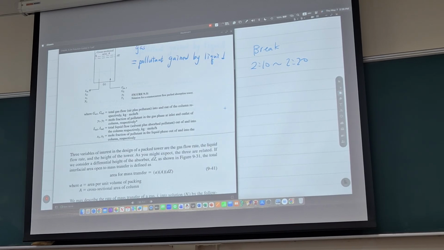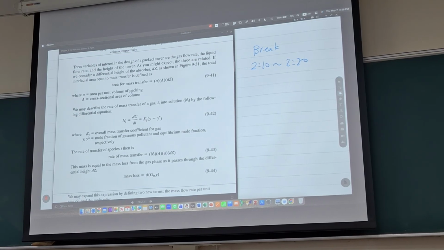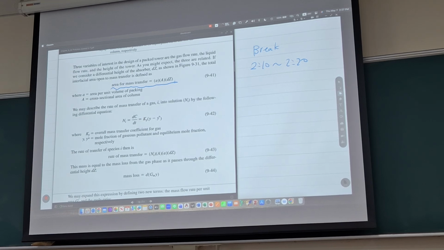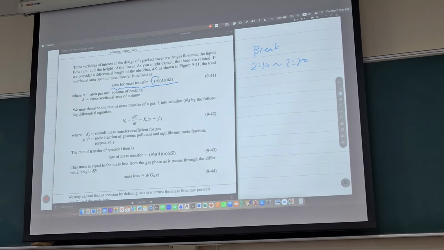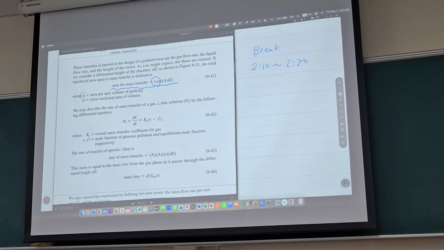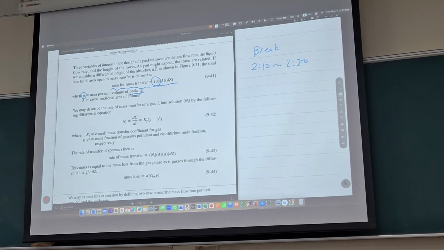Okay? So students, please highlight this. This is area for the mass transfer. So the small a is the area per unit volume of packing. Write this one down.